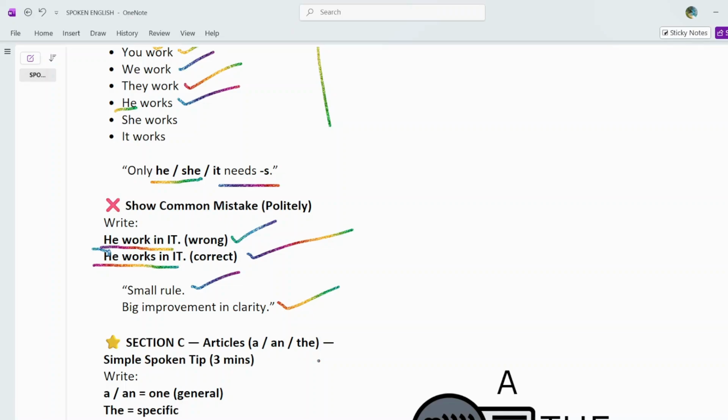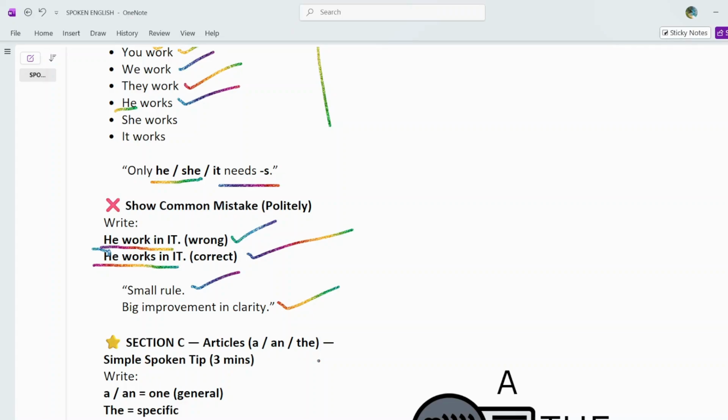Now, in that case, what happens? Their native language changes the verb form. So that is why many people do not come across using the correct type of verb forms, that is either a plural or a singular form. Okay, so that is where, guys, the subject verb agreement is totally damaged.